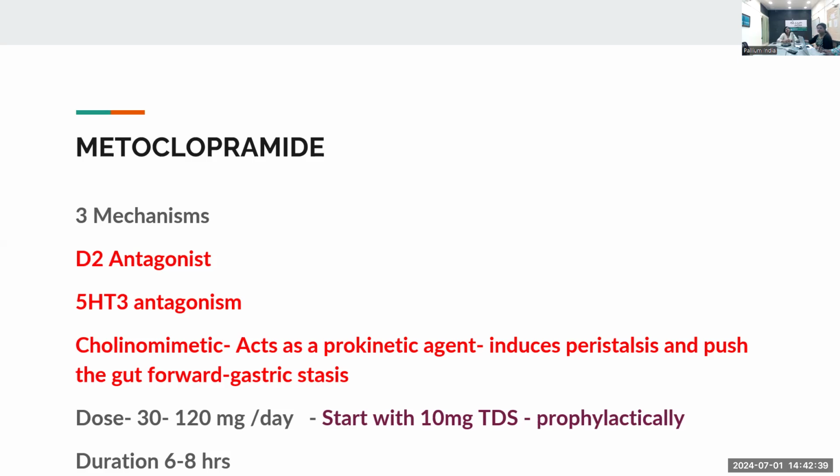The dose ranges from 30 to 120 milligrams. You can start with 10 milligrams TDS prophylactically. At very high doses, it can cause extrapyramidal problems. So the maximum dose we advise is 30 to 120 milligrams per day, and it acts for around 6 to 8 hours.